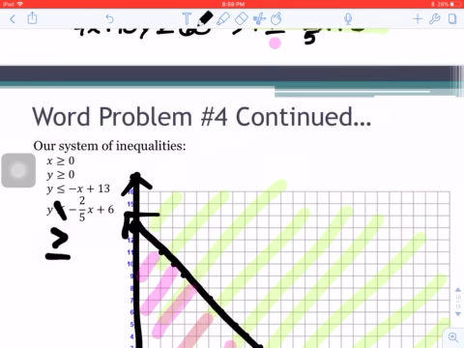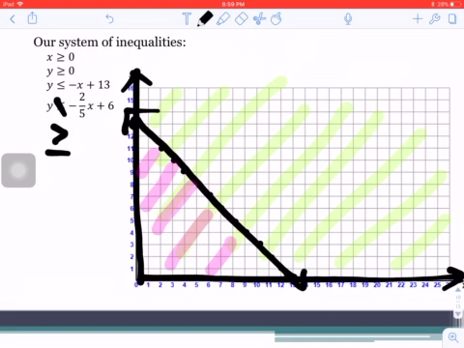And we are going to go ahead and plot that. So here's 6 right there. And then we'll go down 2 over 1, 2, 3, 4, 5. Down 2 over 1, 2, 3, 4, 5. And then we'll be plotting that line.